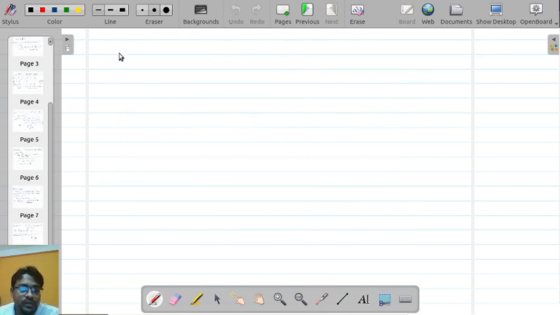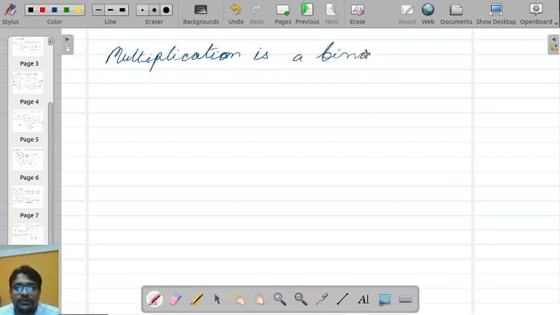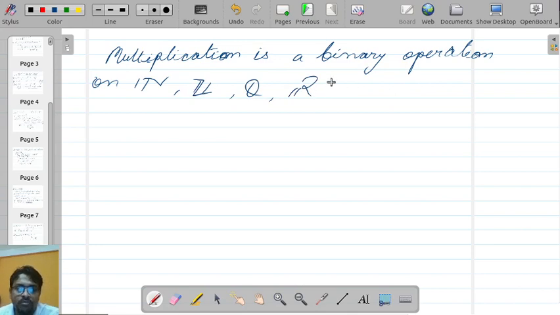What about multiplication? Multiplication is a binary operation on N, Z, Q, R, everywhere.